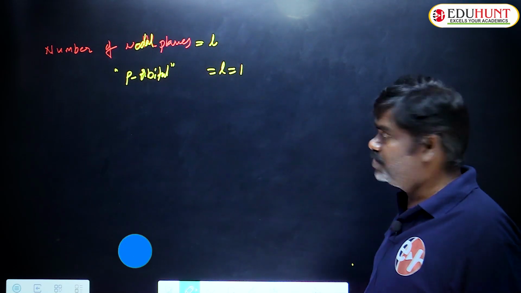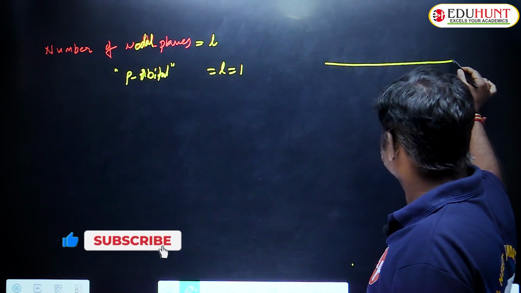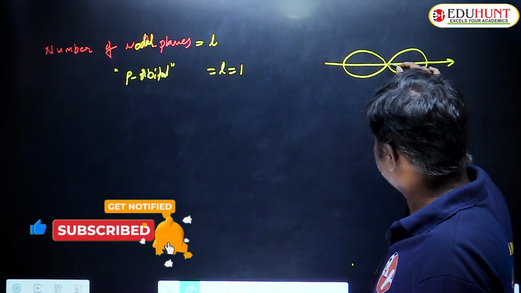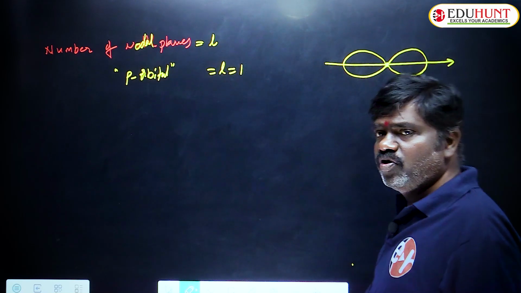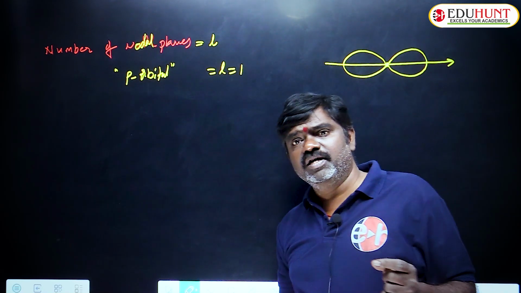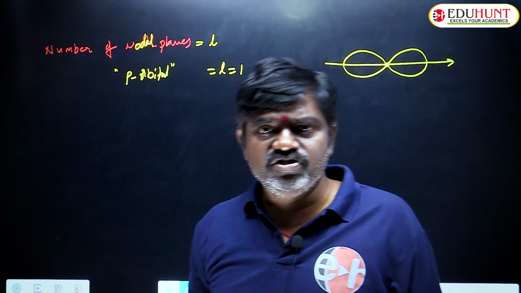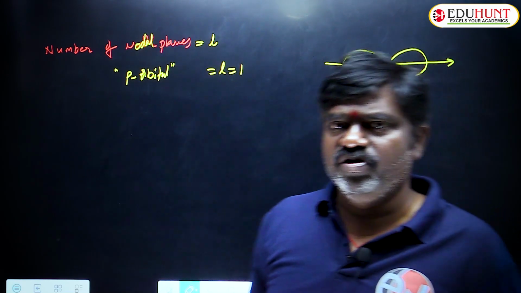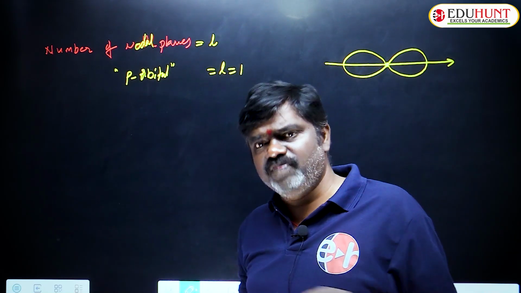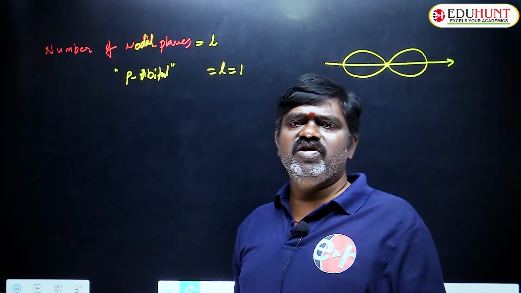Take the px orbital along the x-axis. A node means zero probability of finding an electron. Where the probability of finding the electron is 0, that is called a node or nodal plane.